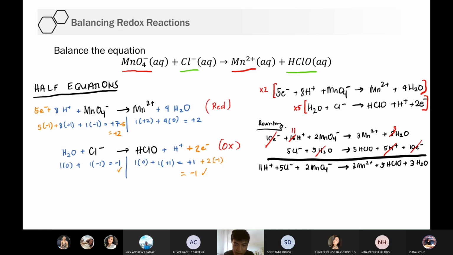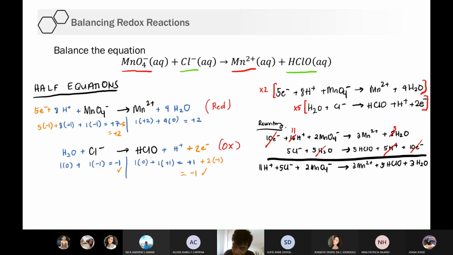Basta nasa left sila at nasa right sila. And the coefficients are kung ano yun. Okay? Pwede unahin mo, Cl muna. O kaya MnO4. Okay lang. Walang problema. Kung gets naman, we will proceed with the next one.